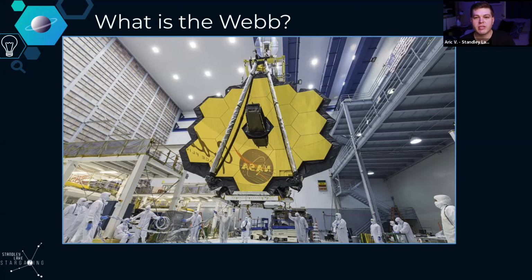When they're all put together, they basically behave as one large, singular curved surface. The hexagonal segments are there as a necessity in order to move something that large and handle the mechanical engineering sides of things. But it's not for any optical reason. In fact, it introduces some minor problems that they can correct for in the software.